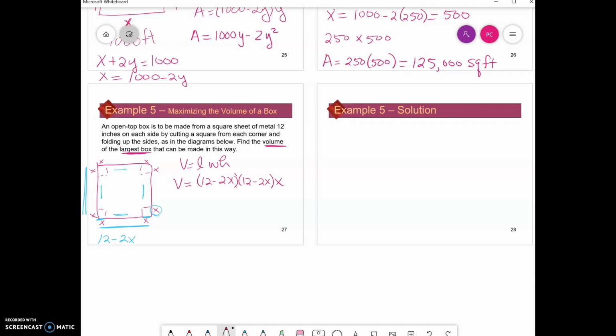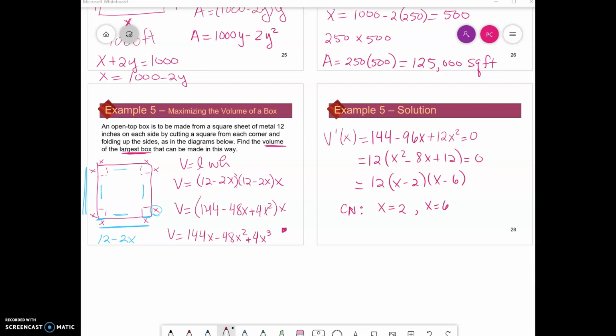In order to take the derivative of this very quickly, we're going to have to multiply it together. So pause the video and multiply that all together, and then I want you to take the derivative. All right, if you multiplied out the volume function, we end up with V equal to 144x minus 48x squared plus 4x cubed.